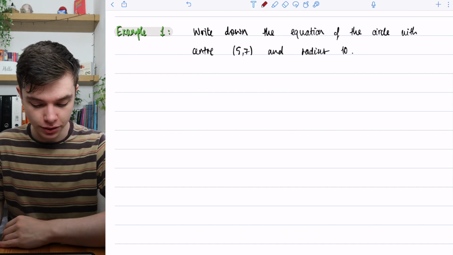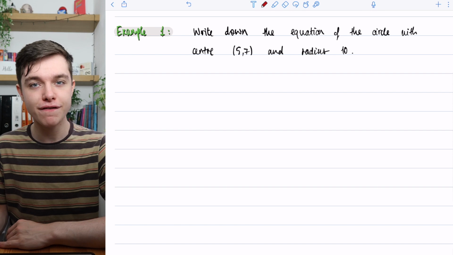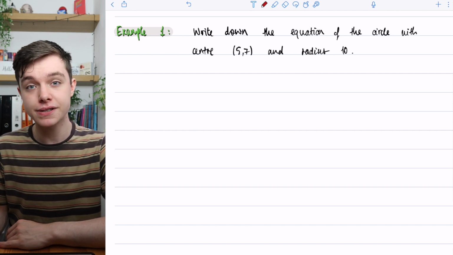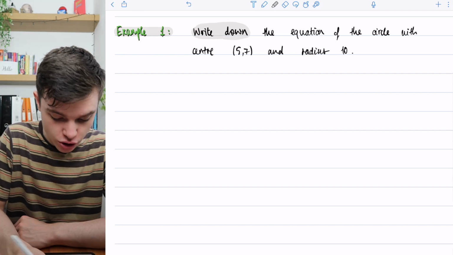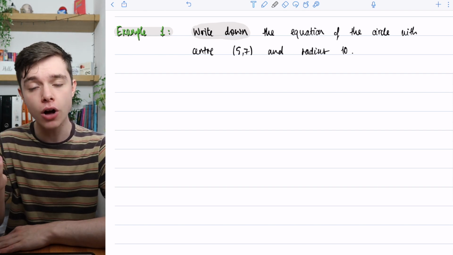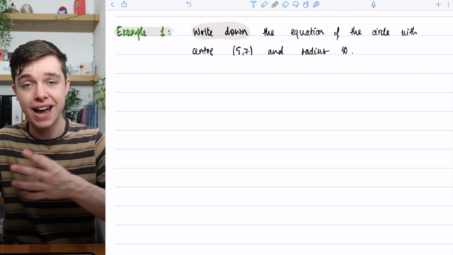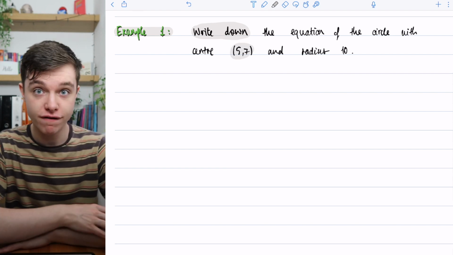The first example says write down the equation of the circle with centre 5, 7 and radius 10. Now, keyword, write down. We can just use the general form when the centre is not at the origin, it's just at some point (a, b). Here we've got 5, 7.